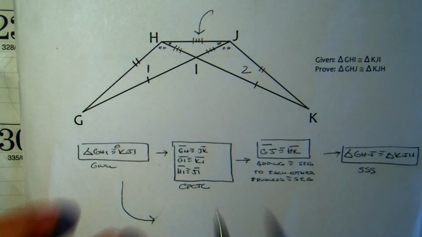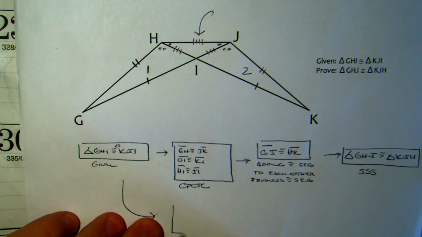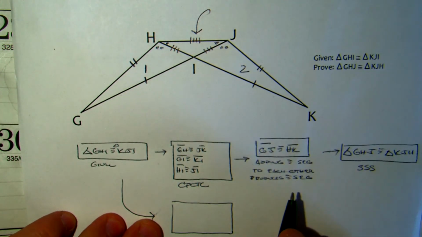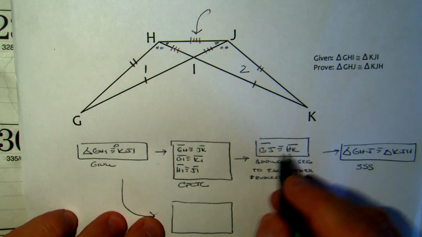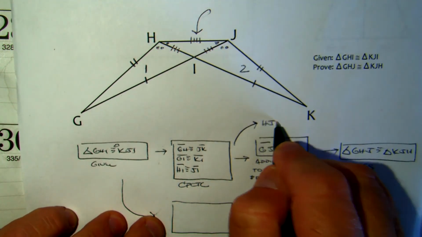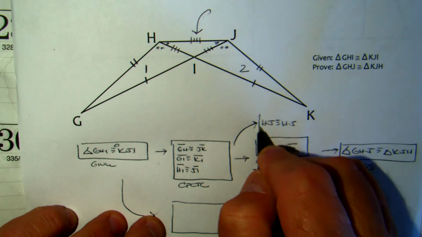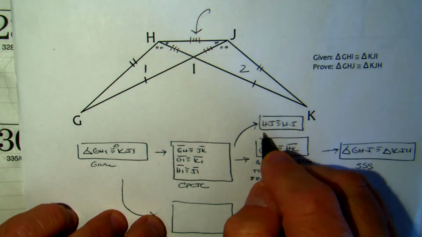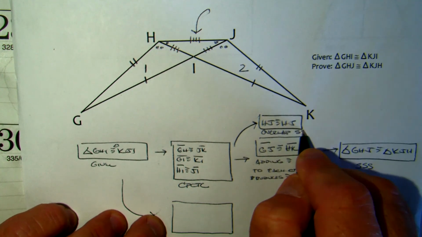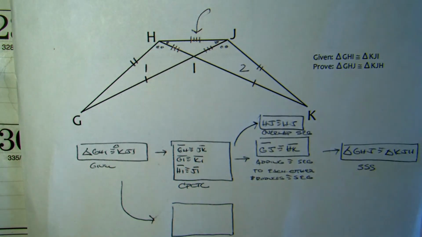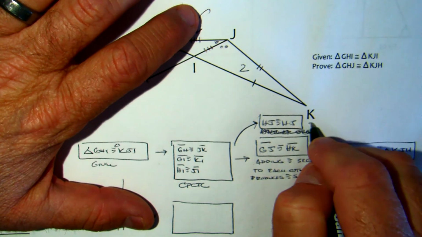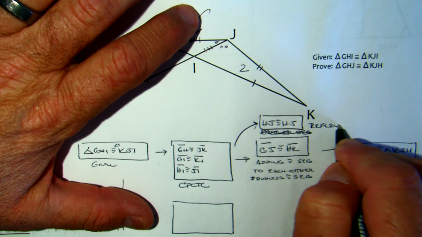And then basically, if I'm going to do it that way, oh, we forgot something here. My bad. We forgot HJ congruent to HJ by overlapping segments. That's what I forgot. Actually, not even overlapping. Why are we making it harder? Reflexive property or shared side.